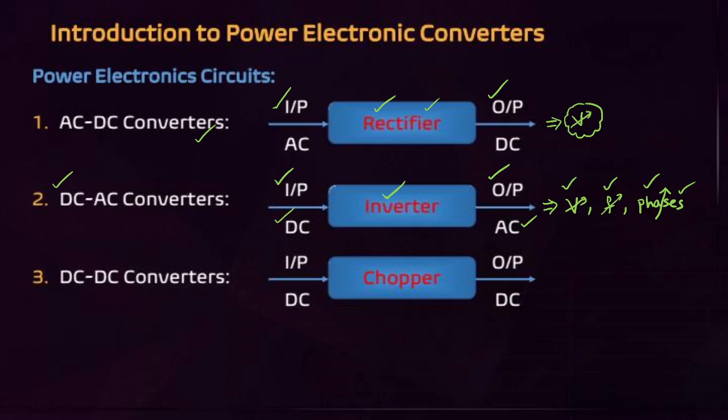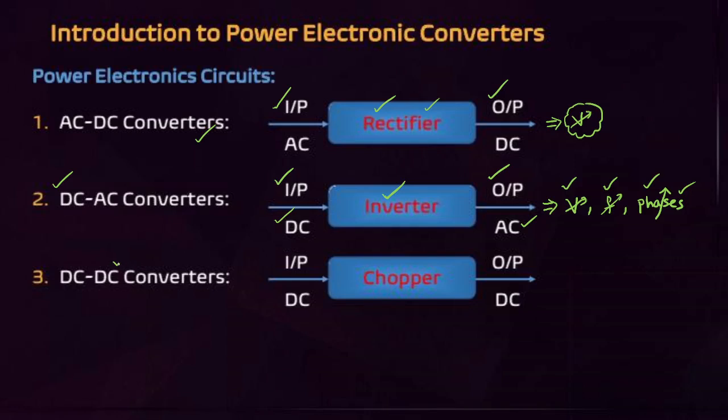Rectifier is a converter. Inverter is also a converter. Chopper is also a converter. AC voltage controller is also a converter. Cycloconverter is also a converter. That is, every power electronic circuit is a converter. But a rectifier is not an inverter, and an inverter is not a rectifier. But every power electronic circuit is a converter because converter is the general term. That point you have to remember.